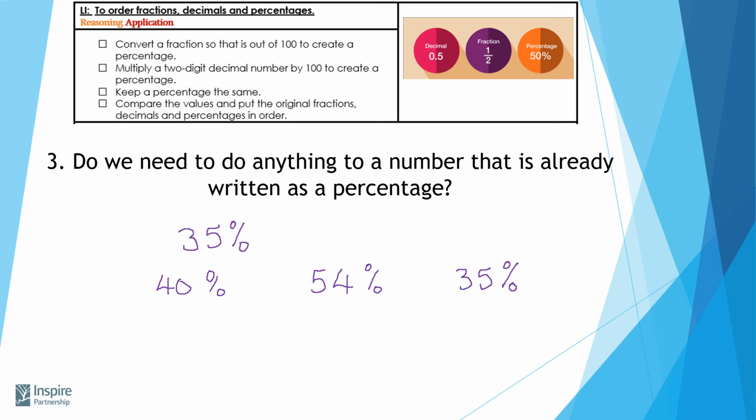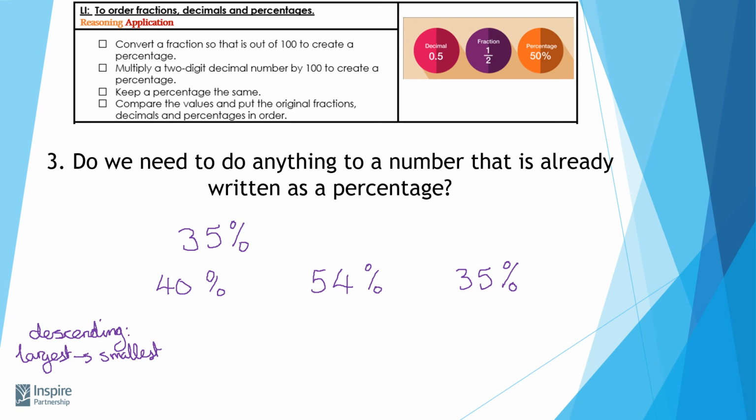So if I were to order these in descending order, that would mean they need to start with the largest and go to the smallest.